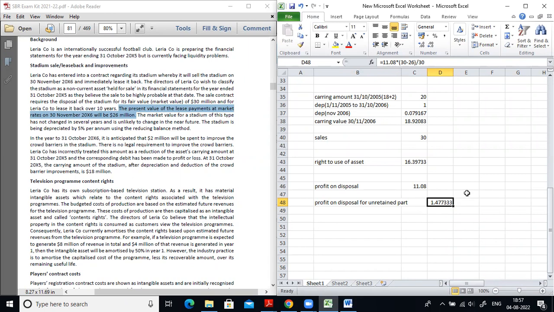So I assume that it is clear. Any question? Just look into the computation. If you have any query, let me know.